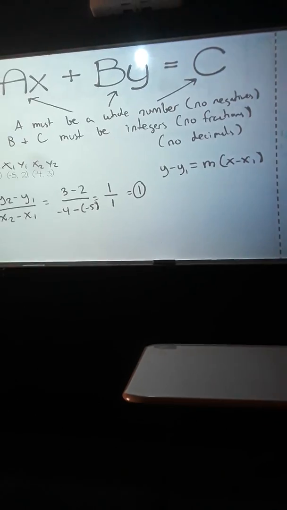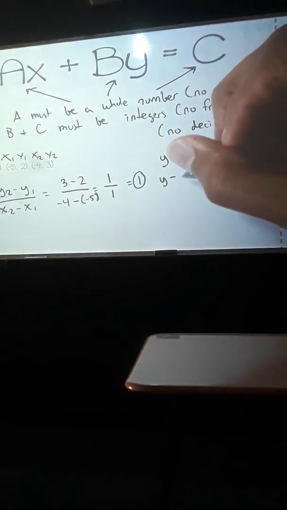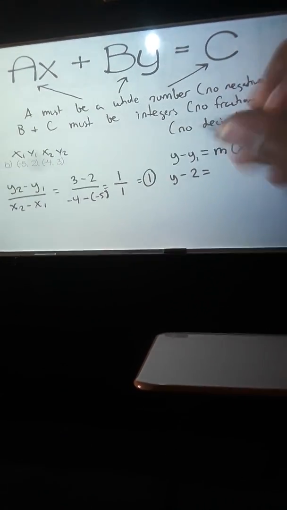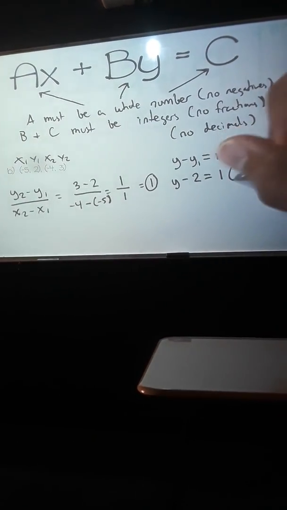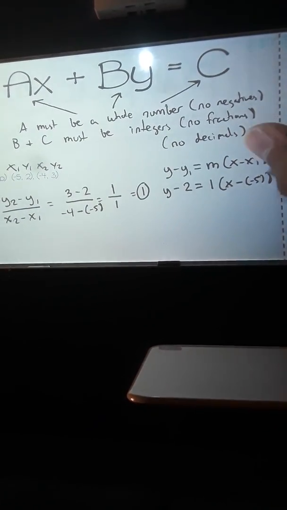So we have y minus our y1, which is 2, is equal to our slope, which is 1 for this example, times x minus our x1, which is going to be negative 5.